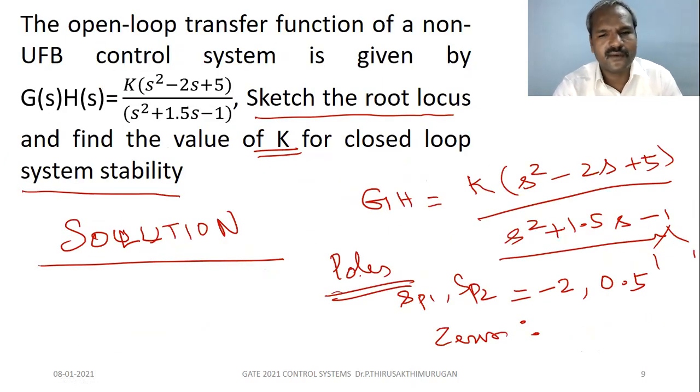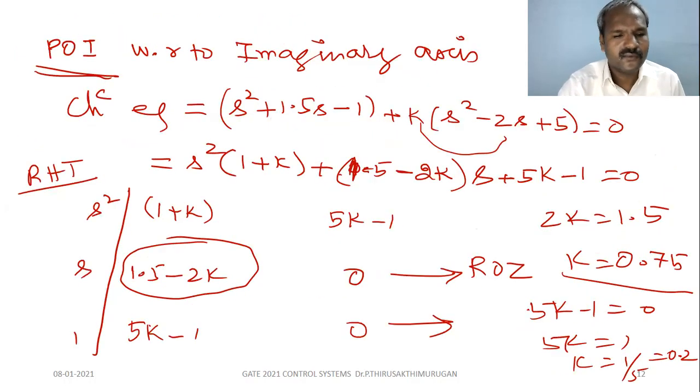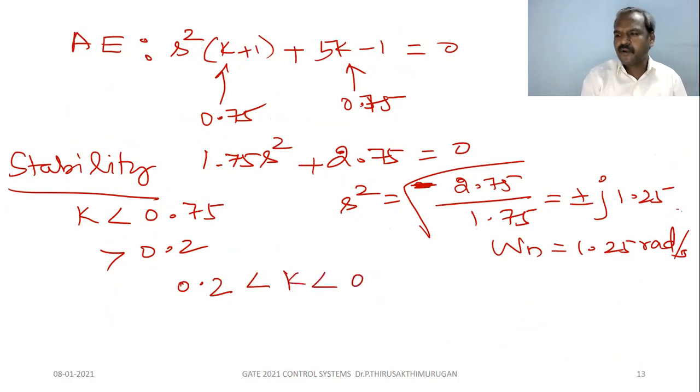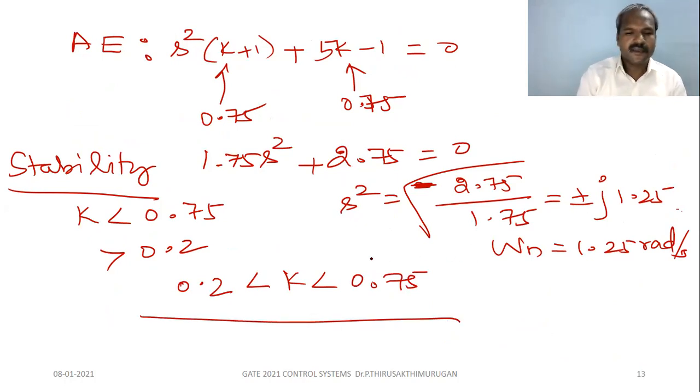Find the value of k, root locus, closed loop system stability. So for closed loop system stability, 0.2 is less than k less than 0.75. Understand? So closed loop system stability is for this range.